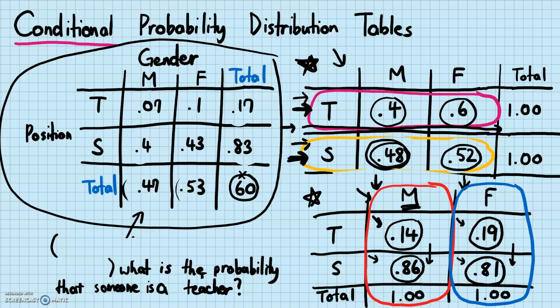If you're wondering how I'm getting this probability here, you can look at my previous video. But this would be the table that I need to answer this question, because I'm not assuming anything, which means I have to look at the whole thing. What is the probability that someone is a teacher? In which case, I have to look at this total right here, because again, it doesn't say male teacher or female teacher, it just says teacher, so I have to look at the whole thing, and that would be 0.17.